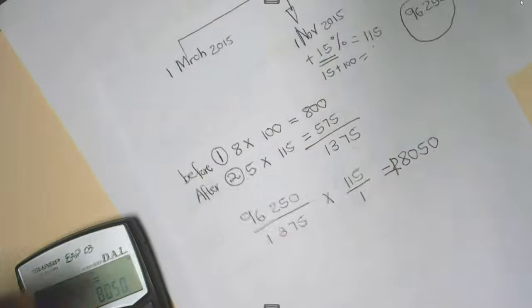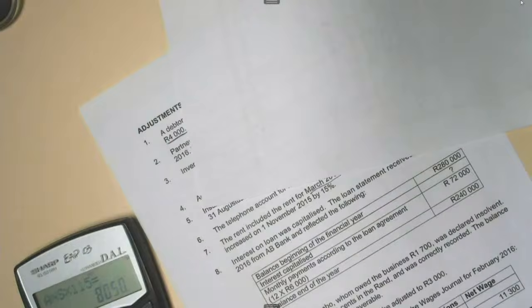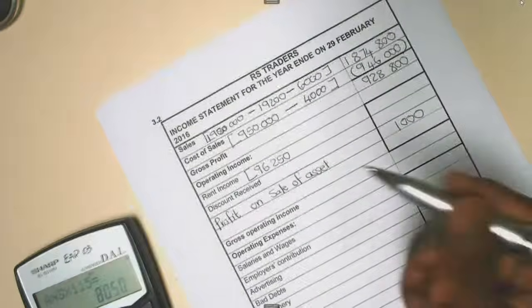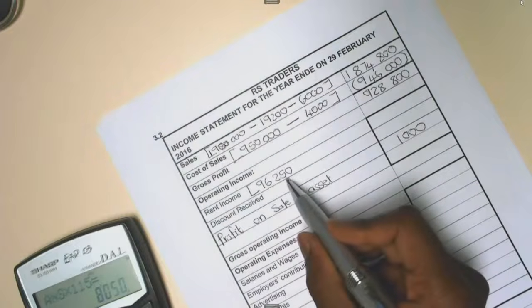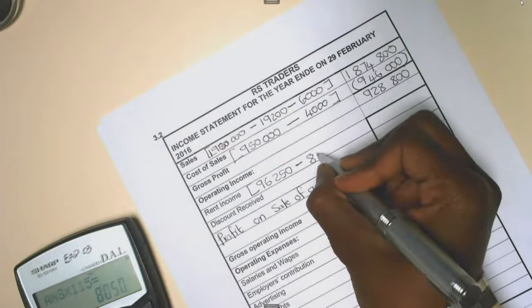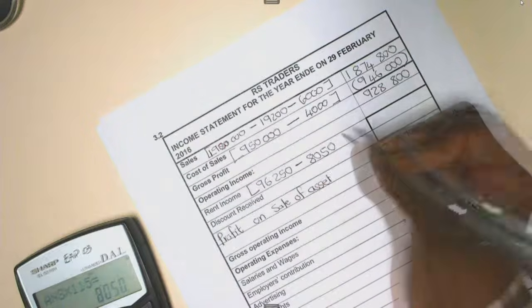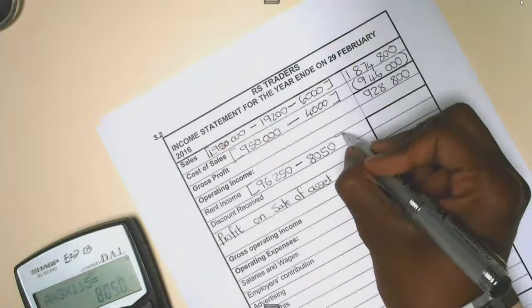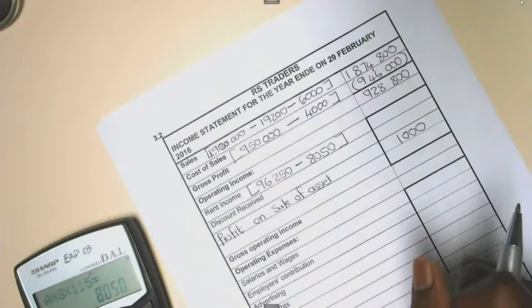Now when we move into our answer sheet, on the answer sheet, remember there, you've started with the one coming from the pre-adjustment trial balance. You need now to subtract the 8,050 as income received in advance.